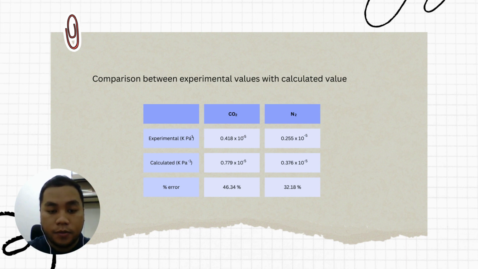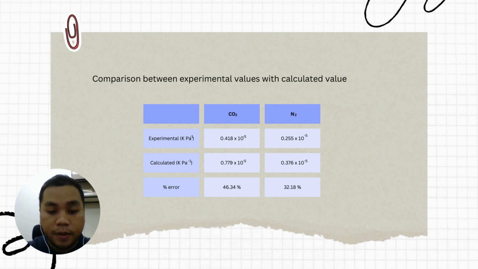Okay, so this is the comparison between experimental values and calculated values for both carbon dioxide and nitrogen. For carbon dioxide, the experimental value of the Joule-Thomson coefficient is 0.418 times 10 to the power of negative 5 Kelvin per Pascal, and the calculated value is 0.779 times 10 to the power of negative 5 Kelvin per Pascal, and the percentage error is 46.34%.